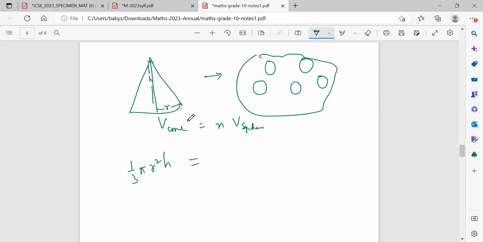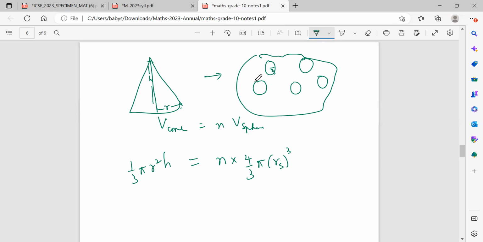So this cone is melted and recast into smaller spheres: n into the volume of one sphere. Just for simplicity, I will say RS is the radius of each small sphere. So n times 4 by 3 pi RS cube. The volume of n spheres is equal to the volume of the main cone, the mother cone, from which you got all of them recast.